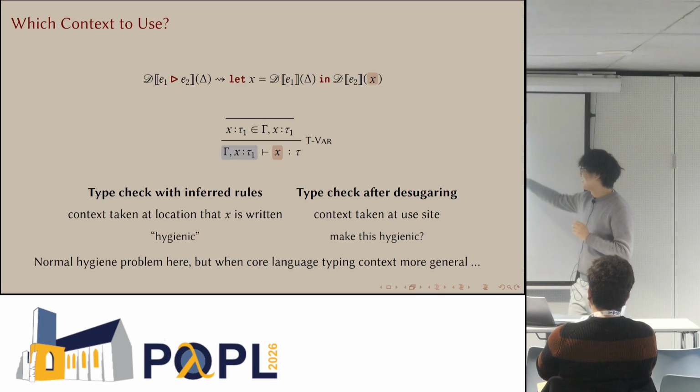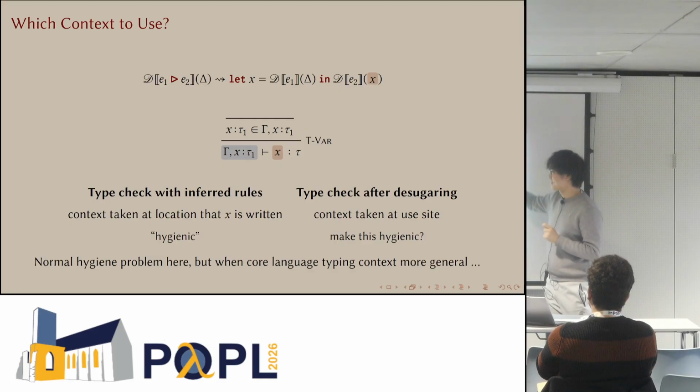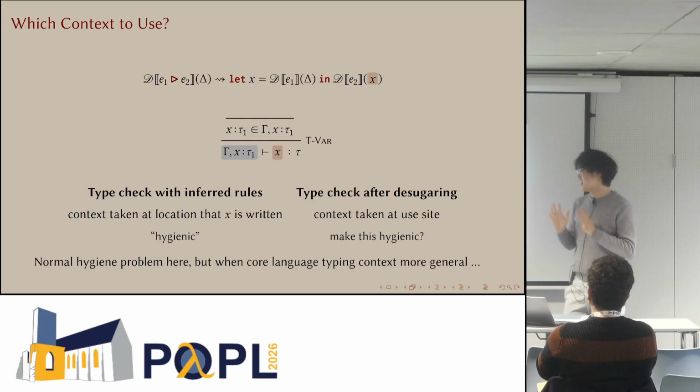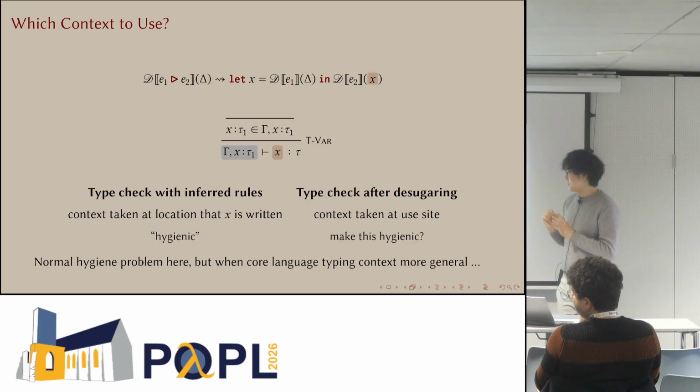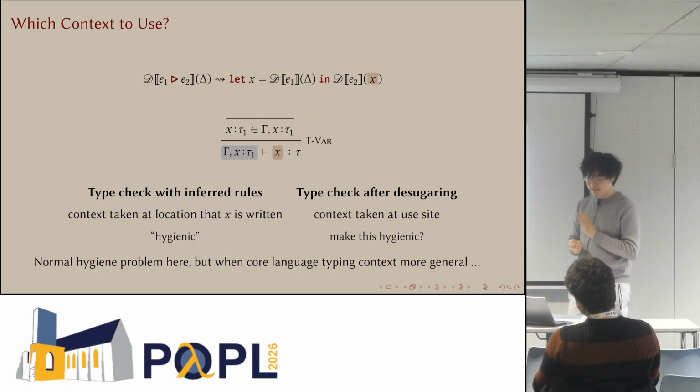We know its meaning just from where it is written, not where it will finally reside. So if there is a mismatch between the contexts for both sides, to ensure that things are correct, we probably have to make the type checking after desugaring a bit hygienic to make them match.